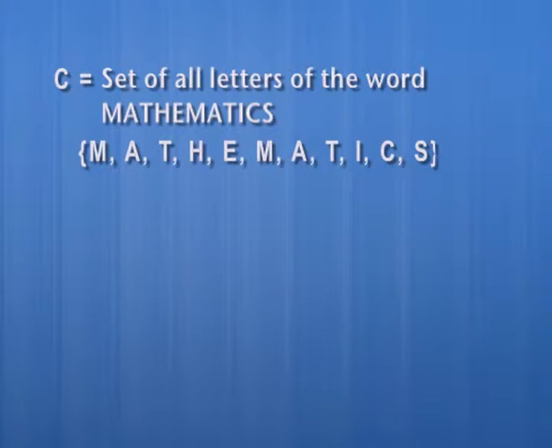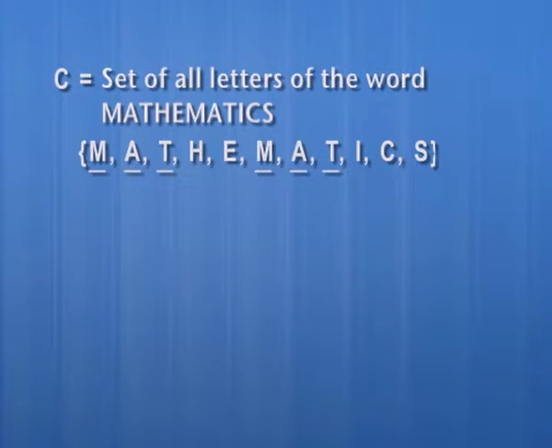Suppose we want to make the set of the letters used in the word mathematics. Then we will start listing the elements from M, A, T, H, E, M, A, T, I, C, S. Now, what do we observe here? M has come 2 times, A also and T also.